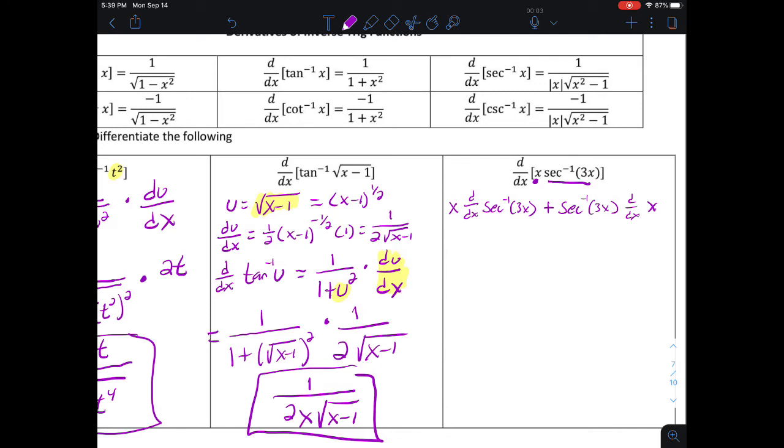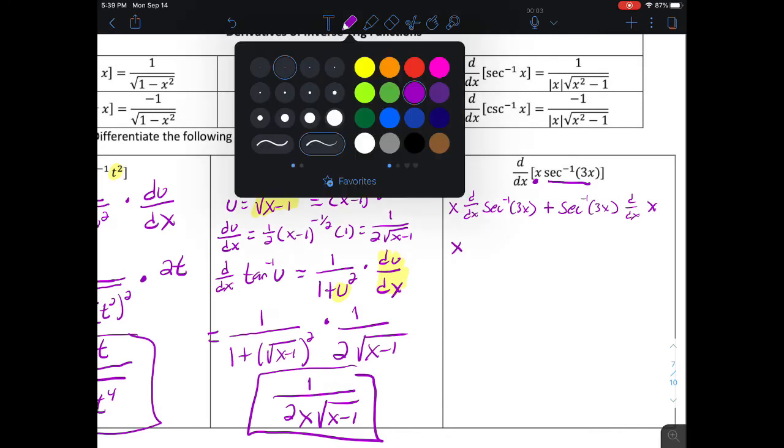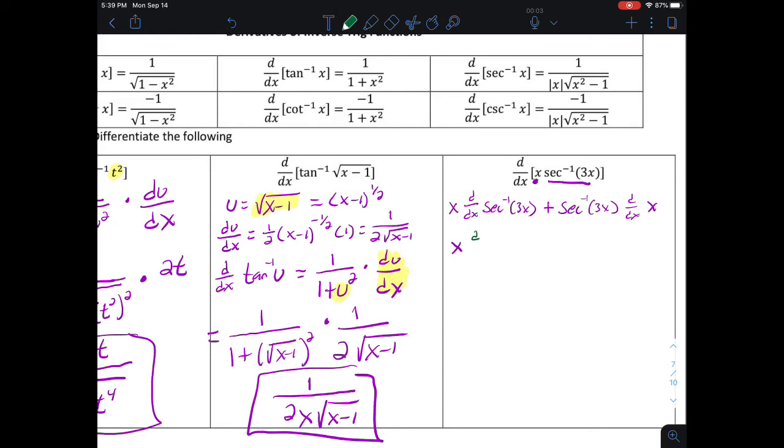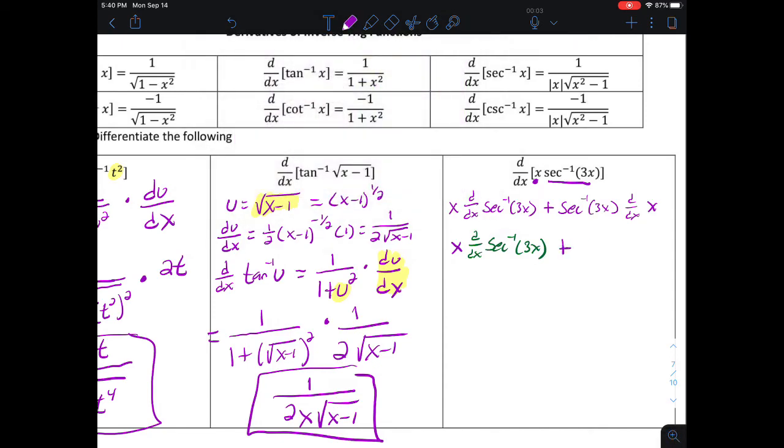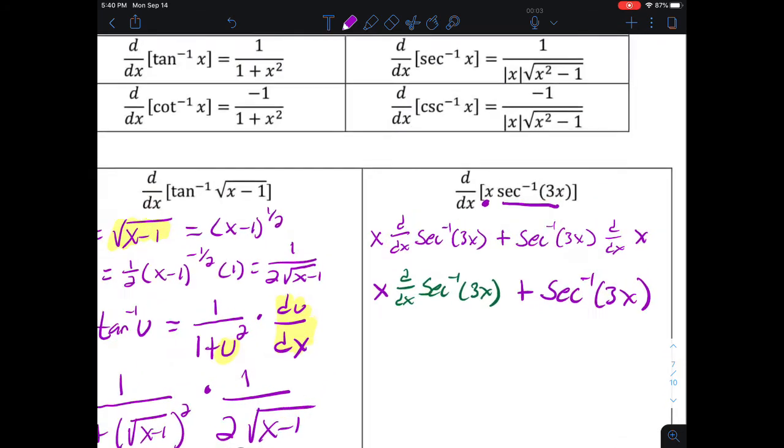Well, basically we'd have x times the derivative with respect to x of inverse secant of 3x, plus, derivative of x is 1, so plus the inverse secant of 3x. So I need to figure out that green section here.